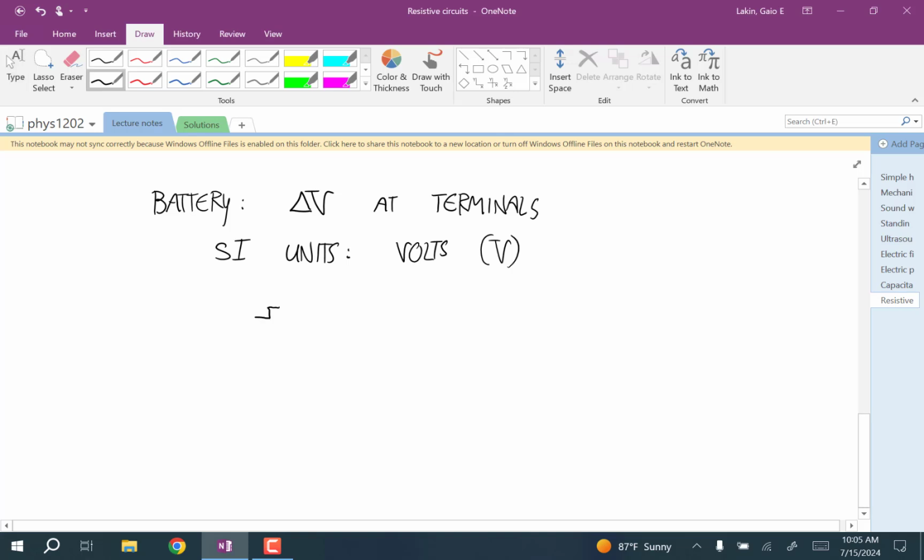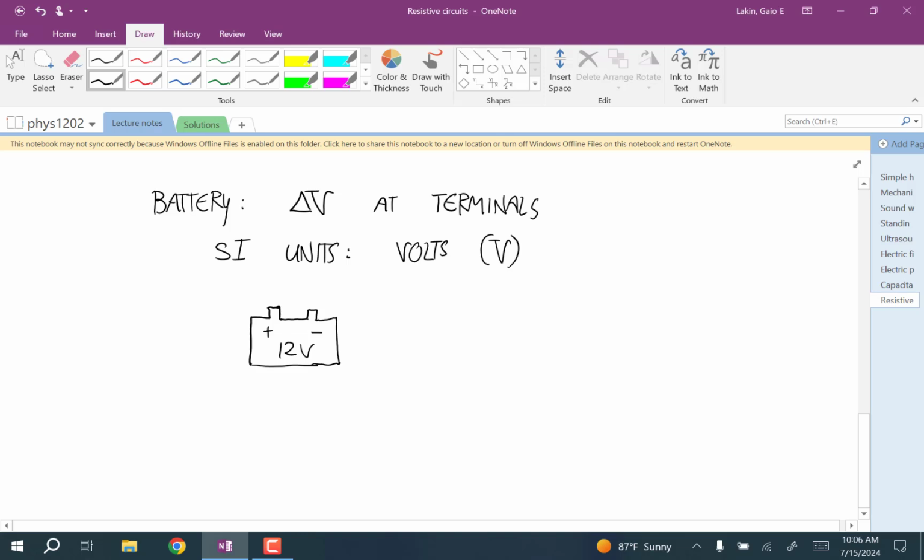And so here is sort of a pseudo drawing of what it looks like. If you have a battery, you have a positive terminal on this side, a negative terminal on this side. It gives you some unit like 12 volts.